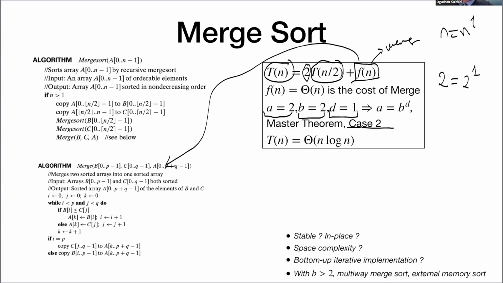With case 2, I know that the cost of the complete algorithm is n to the power of d times log n, since d is equal to 1. That makes n log n. n log n is the cost of merge sort, and that is an optimal sorting cost.